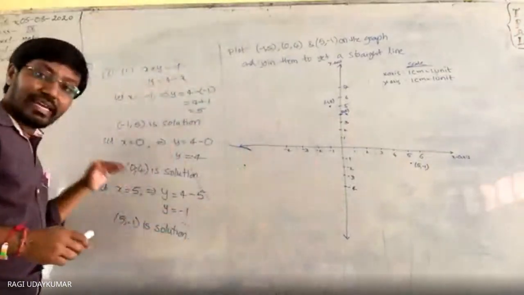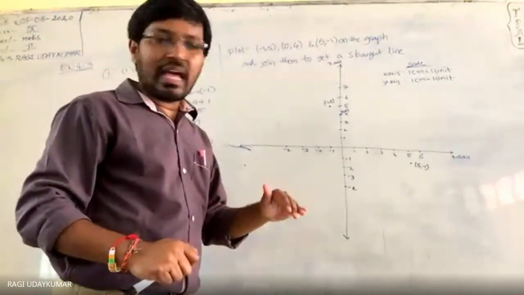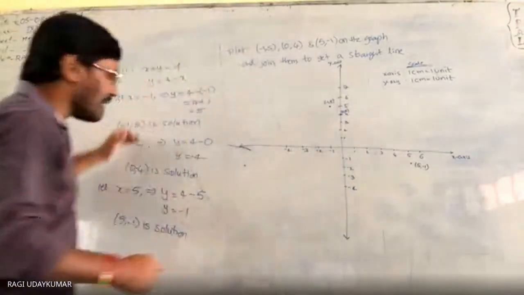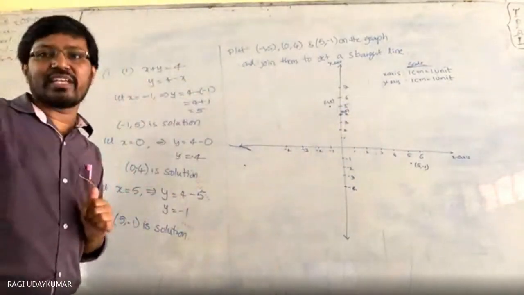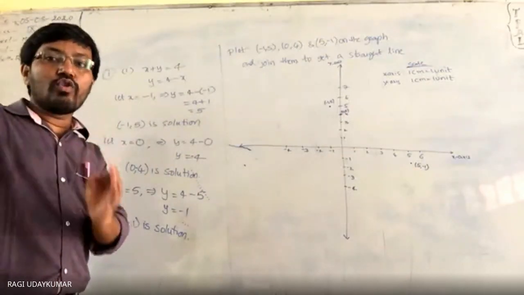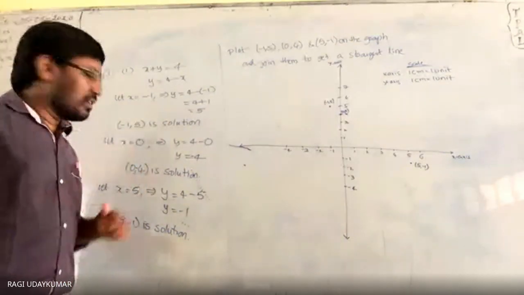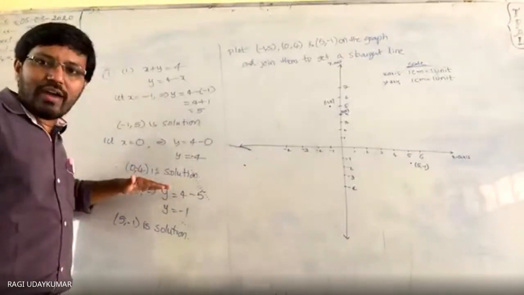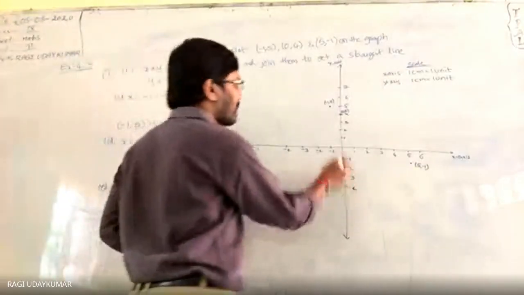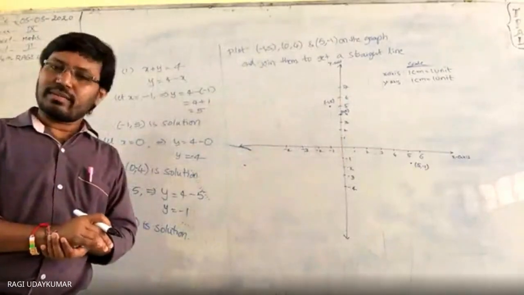Suppose if you do any calculation mistake, then you will not get the straight line. स्ट्रेट लाइन नहीं आ रहा तो either you have plotted wrong, or कैलकुलेशंस में किधर गलत कर दिया है, ये पता चलता है. You will be able to find out your mistake if you take more than 2 points. 2 points से ज़्यादा ले, suppose only 2 points you have taken, तब क्या होगा? ये दोनों को जॉइन कर जाएगा, यही आंसर बोल के मानता है. समझ में आया?